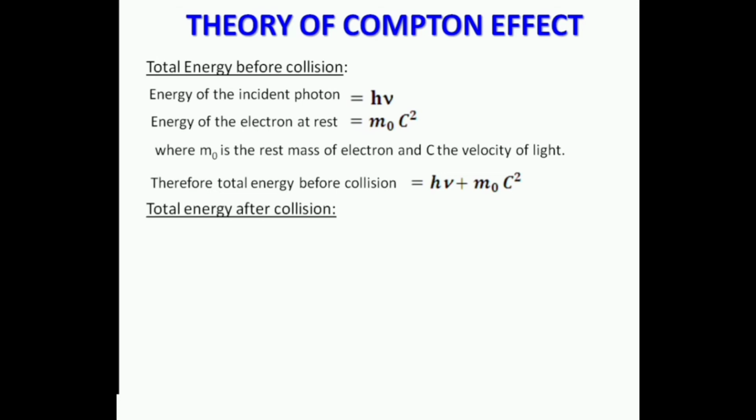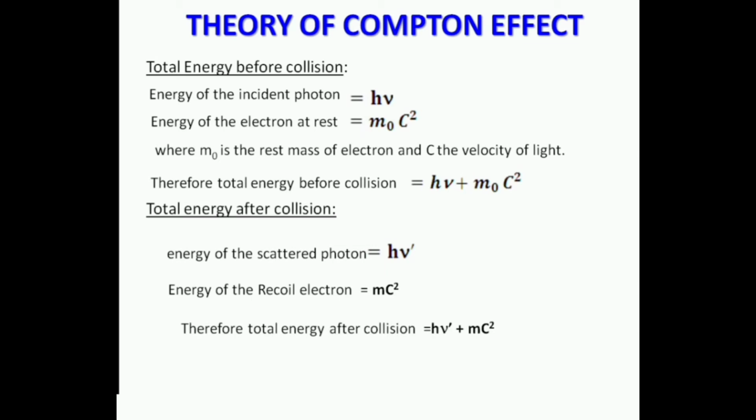Now total energy after collision. The energy of the scattered photon is h nu prime, and the energy of the recoiled electron is mc square. As you can see, m is different from m naught. M naught was the rest mass of the electron, m is the relativistic mass. So therefore total energy after collision is h nu prime plus mc square.